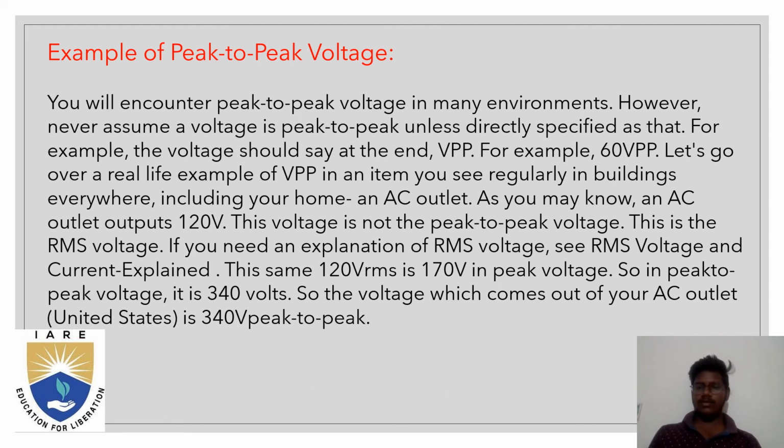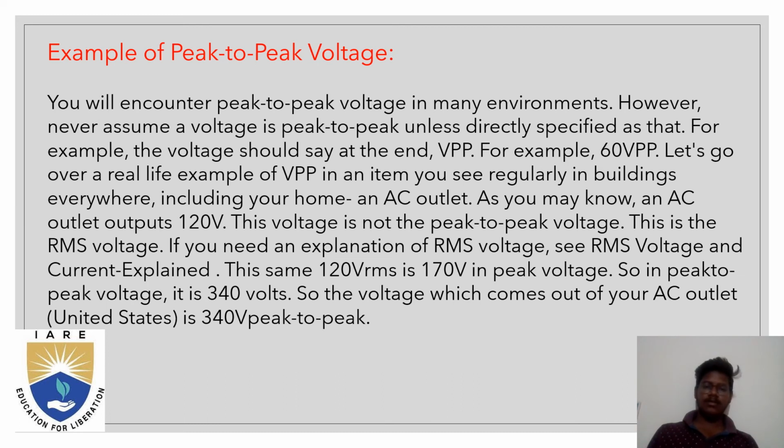As we may know, AC outlet outputs are 120 volts. The voltage is not the peak-to-peak value. This is the RMS voltage. If we need some explanation about RMS voltage, we'll see some RMS voltage explained.